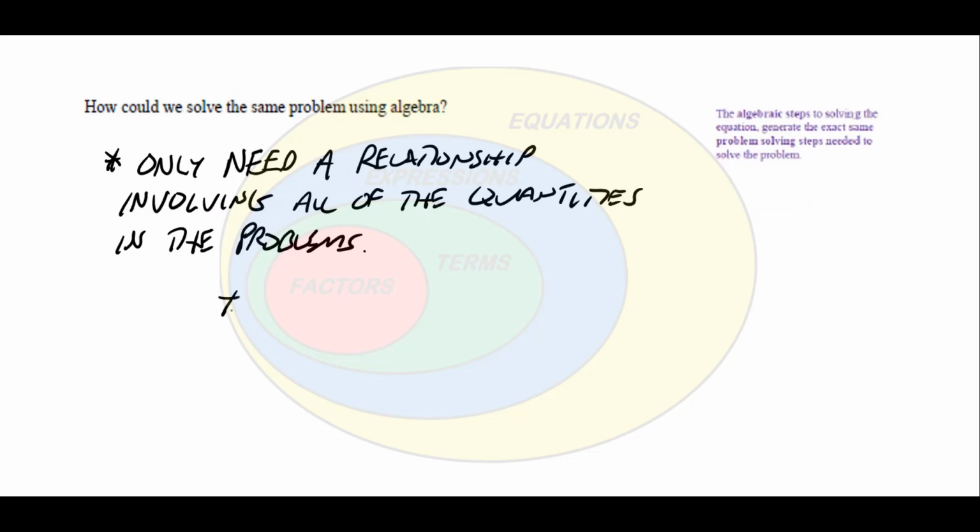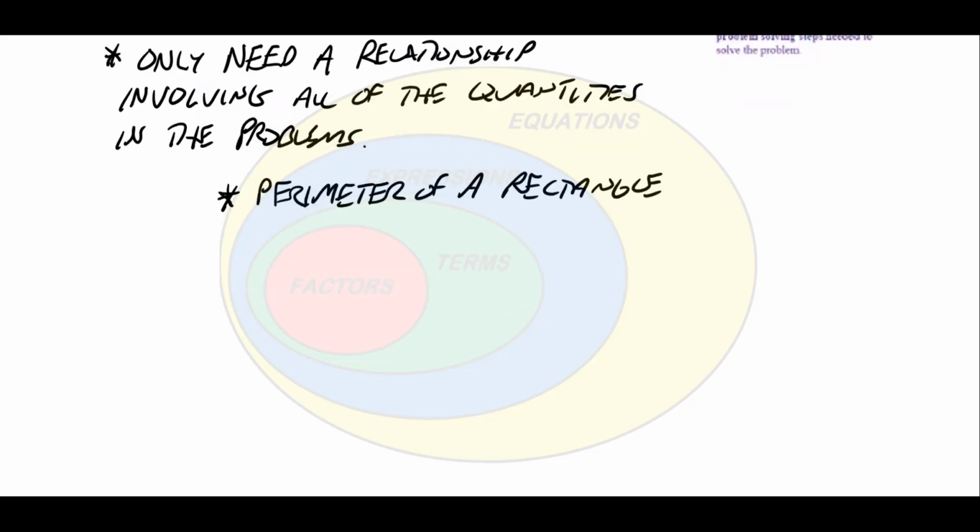So if we think this problem is dealing with the perimeter of a rectangle, and you already knew this relationship or you were using it, there's a formula that gives a relationship for the perimeter. The perimeter equals 2 times the length plus 2 times the width.